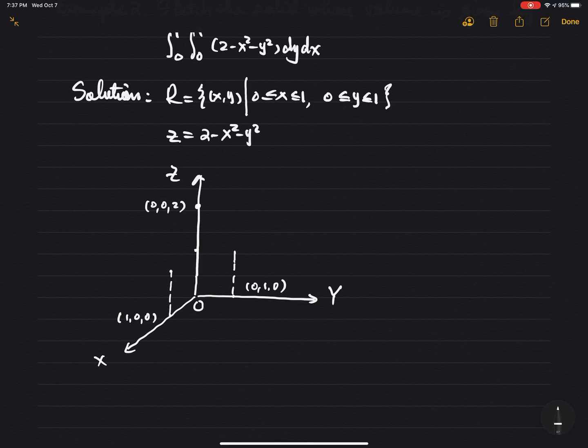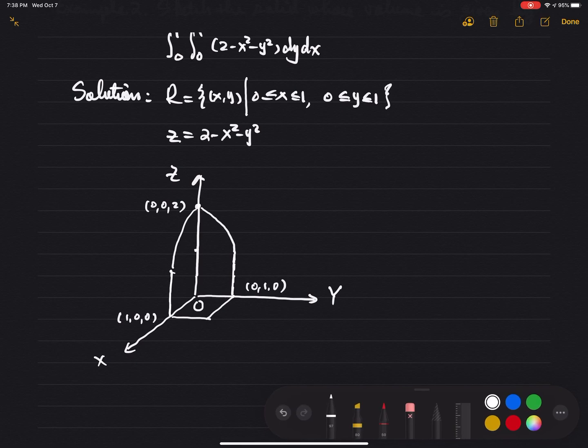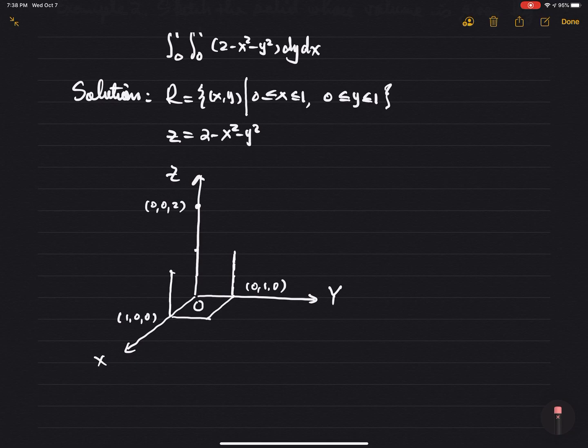Let me see. In fact, we should be able to see this part. And then here we're going to have a parabola like this, and here we have a parabola like this. Maybe I should draw the parabola a little bit better.